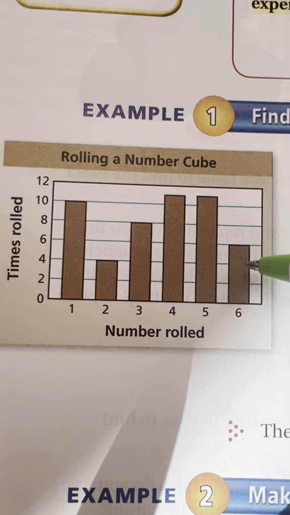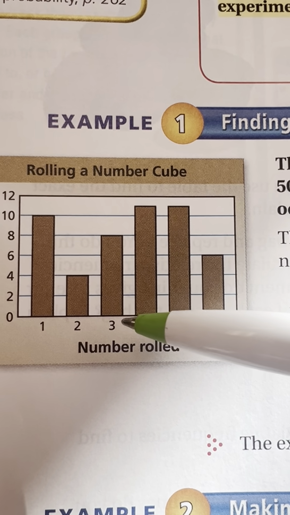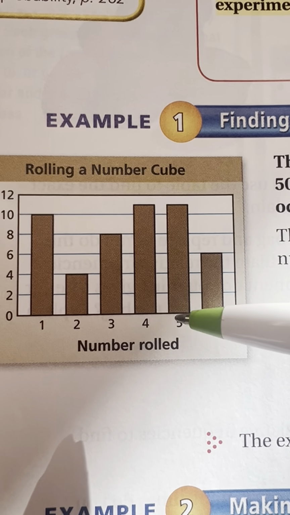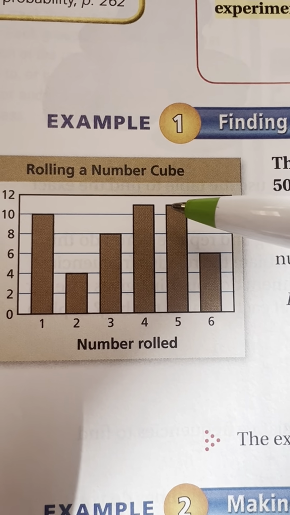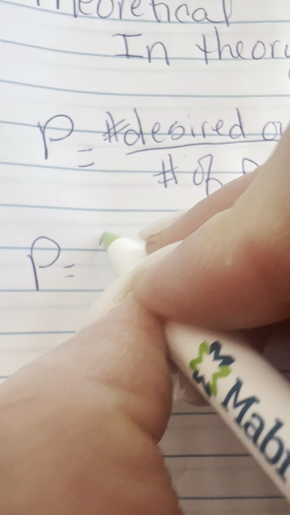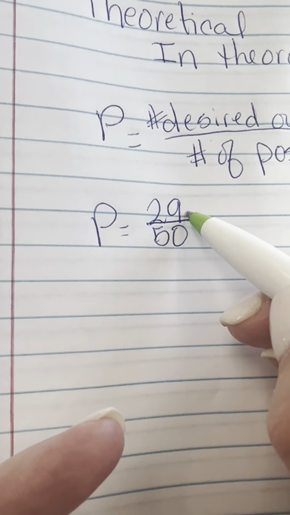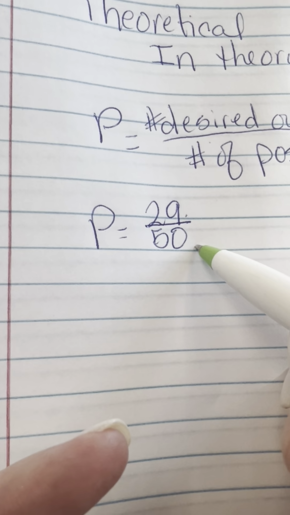I know that odds are 1, 3, and 5. They got an odd 10 times here, and this odd 8 times, so 10 plus 8 is 18. And they got this odd 11 times, and 18 plus 11 is 29. So the probability is 29 out of 50, because they rolled an odd 29 times out of 50 total times. That's how I would write that probability.